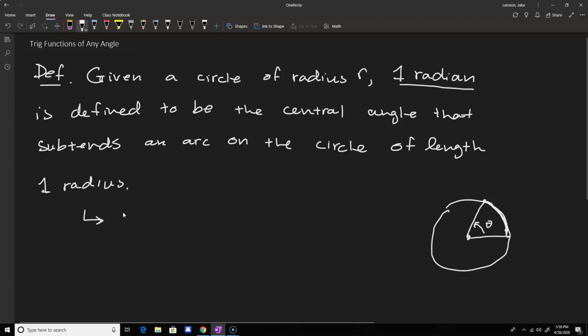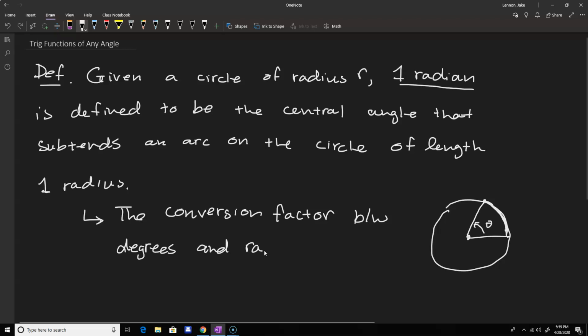If we divide by the factor of 2 there, the conversion factor between degrees and radians is given by 180 degrees equals pi radians.